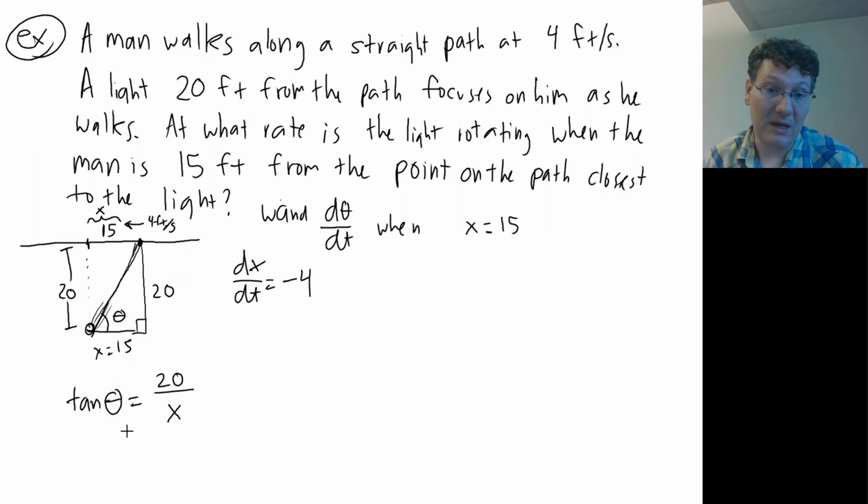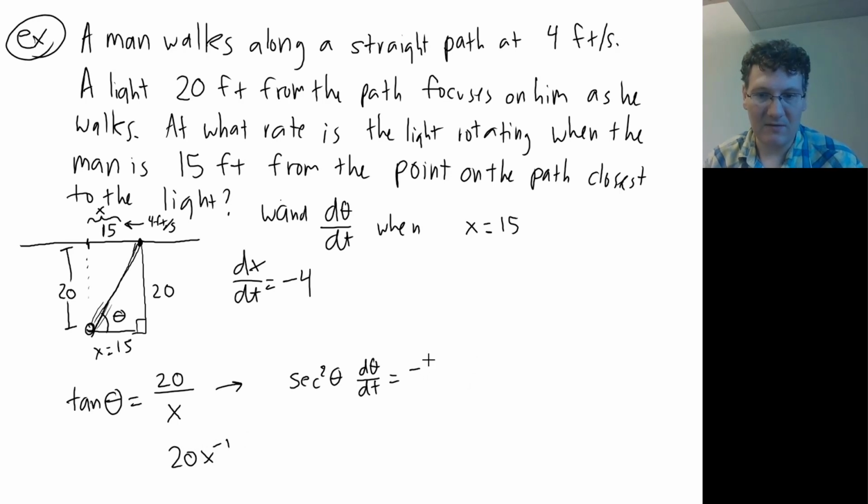So now we're going to take the derivative with respect to time. Remember, the derivative of a tangent is the secant squared of theta, and the chain rule says we get a d theta/dt coming out of that. On the other side, we take the derivative of 20 over x, which is 20x to the negative 1.